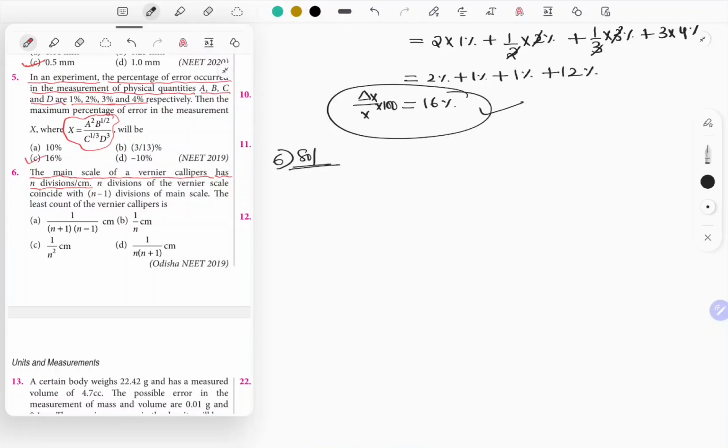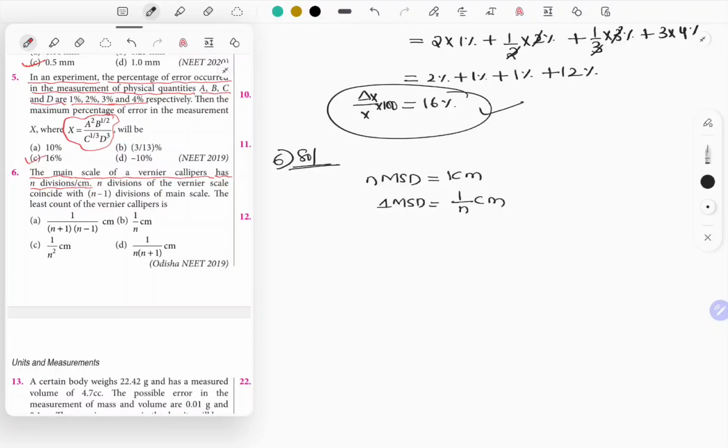The main scale of vernier calipers has n divisions per 1 centimeter. That means n MSD is equal to how many centimeters? 1 centimeter. Then what about 1 MSD? 1 MSD is equal to 1 by n centimeter.